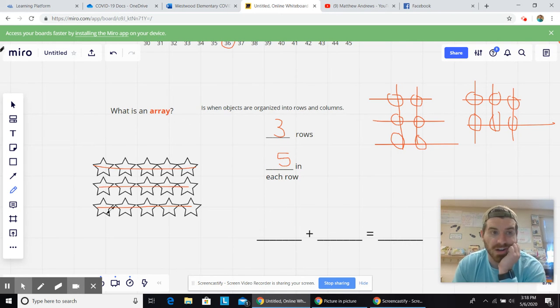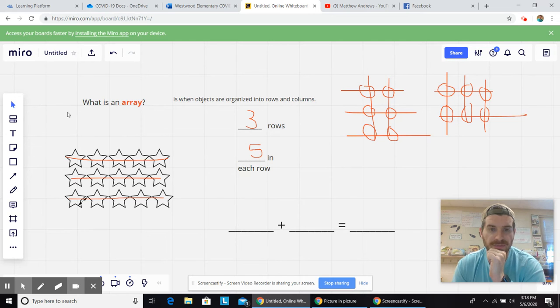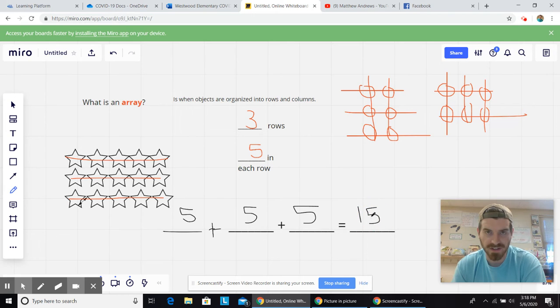So a number sentence that could be written for this, and I actually need one more blank, is this. 5 plus 5 plus 5 equals 15.